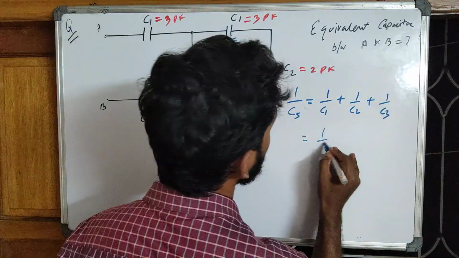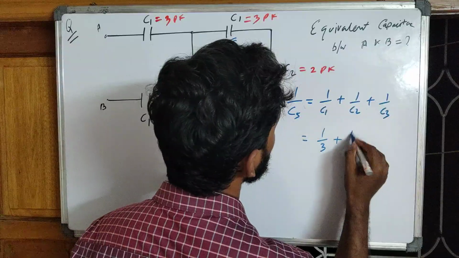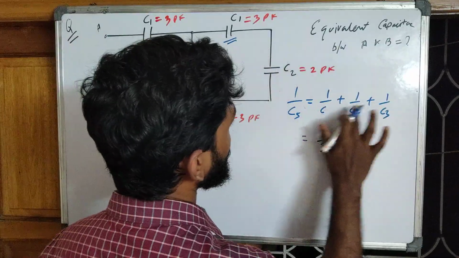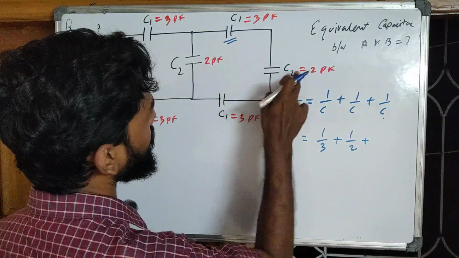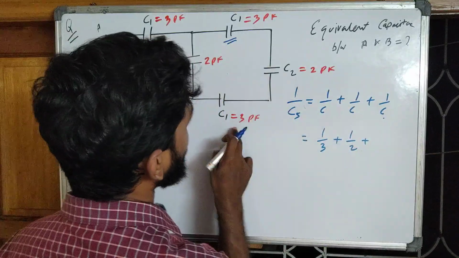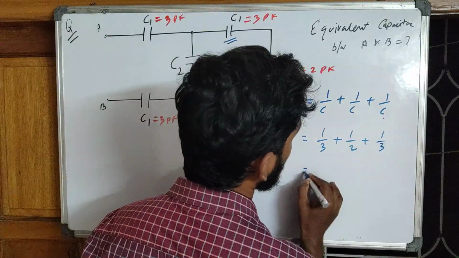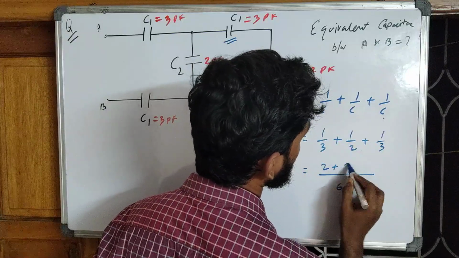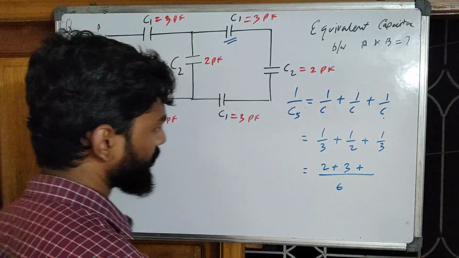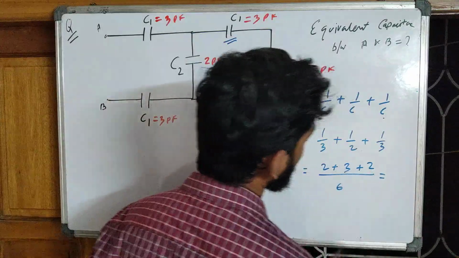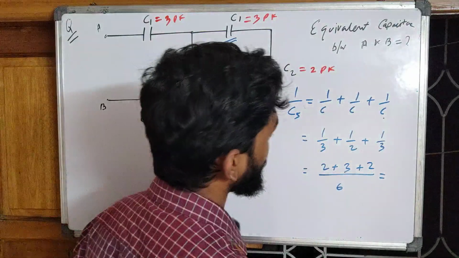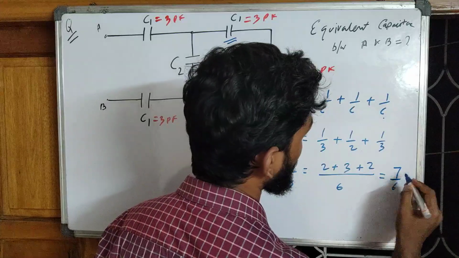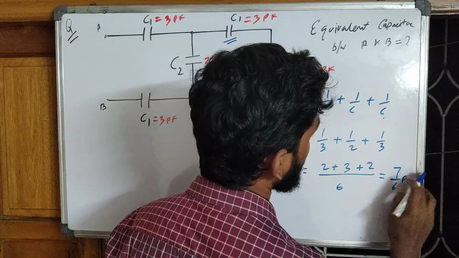C1 is 1 by 3, C2 is 1 by 2, and again this is 1 by 3. LCM will be, I guess, 6. 3 2s are 6, 2 3s are 6, 3 2s are 6. So 7 by 6. 1 by Cs equals 7 by 6 picofarad.